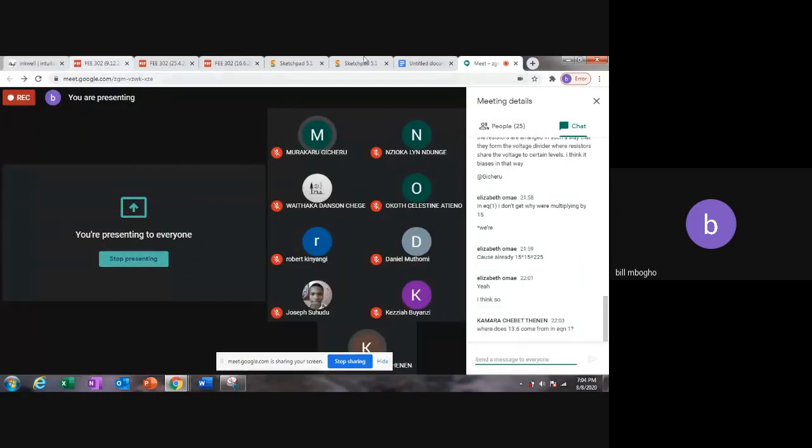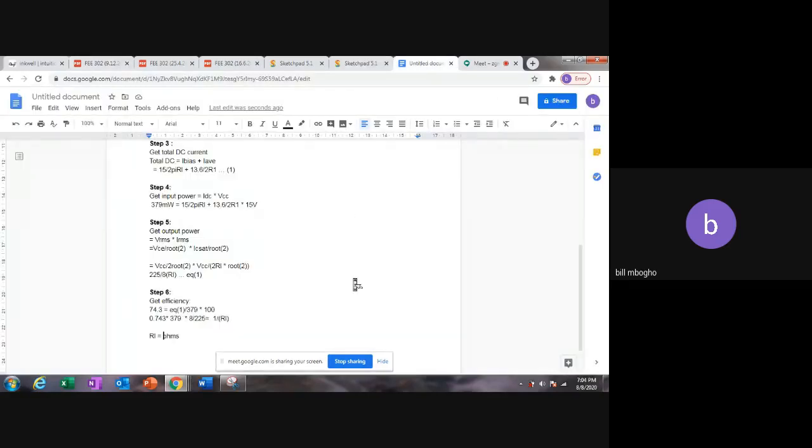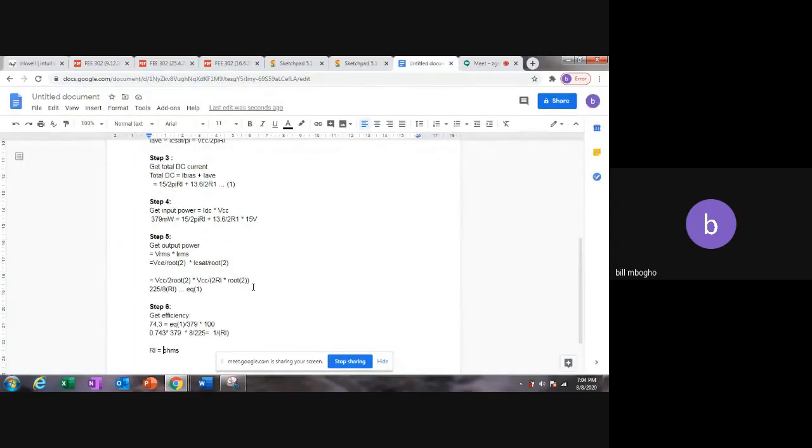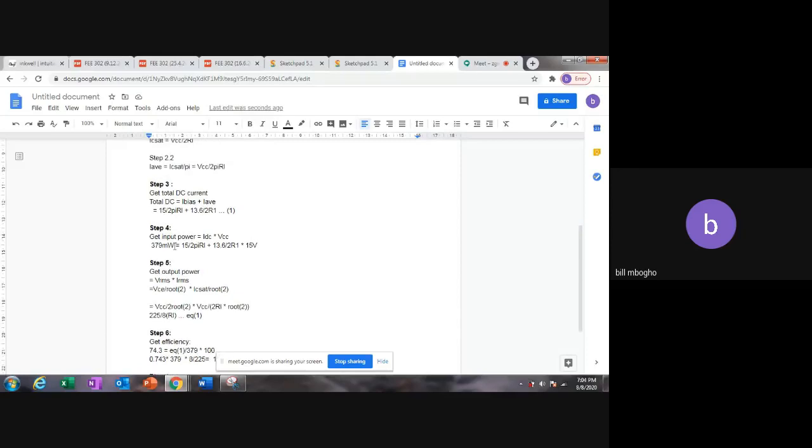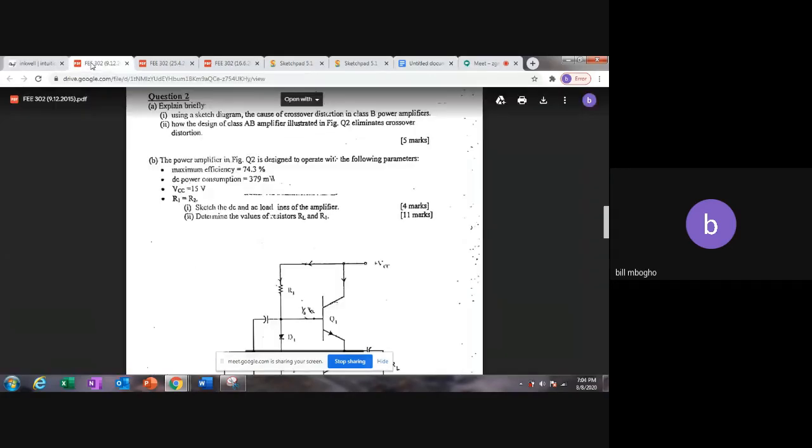The 13.6 in equation 1. There's a 13.6 here: 15 over 2 pi plus 13.6 over 2. Oh, the 13.6 is VCC minus 2 VBE, which is actually wrong because VCC is 15 volts.